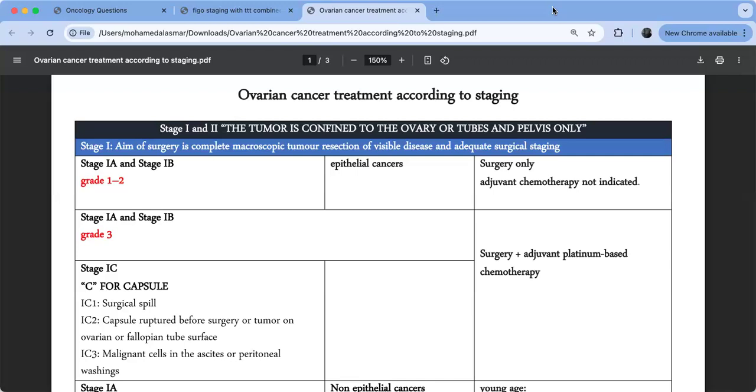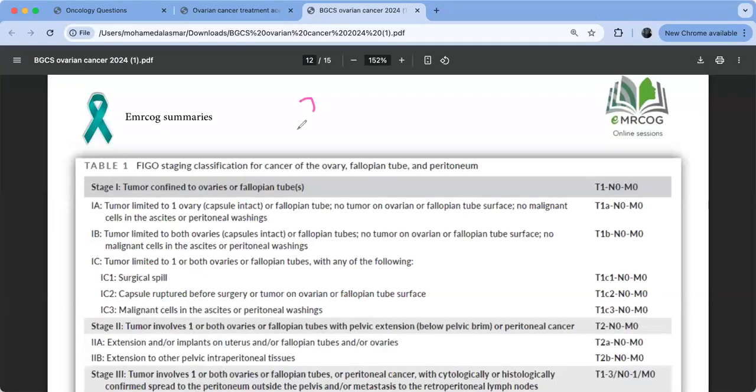So neoadjuvant chemotherapy, my friends, means that I will give 3 cycles of the chemotherapy first, and then you will go for the surgery, and then you will go for adjuvant. So 3 cycles, surgery, and 3, right? Okay, so this is the summary of the treatment of ovarian cancer.